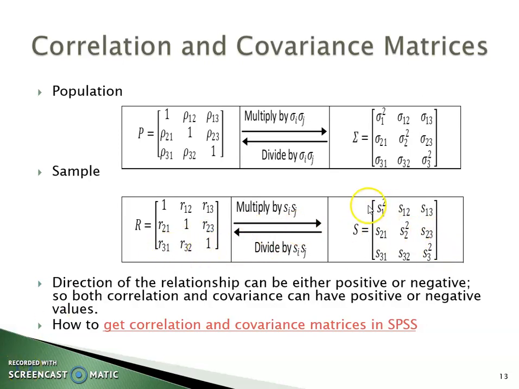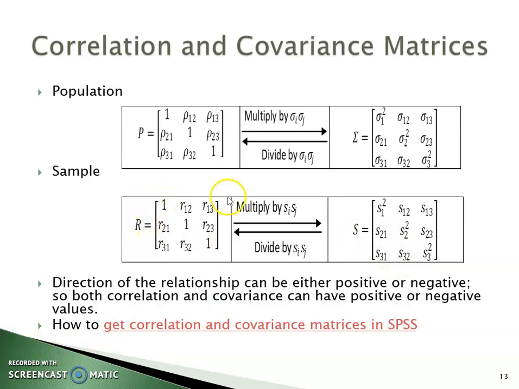matrices. In the covariance matrix, on the diagonal line, the numbers are the variances of the variables x1, x2, and x3. So this is variance of x1, this is variance of x2, this is variance of x3. That's why the complete name of this matrix is called the variance covariance matrix.